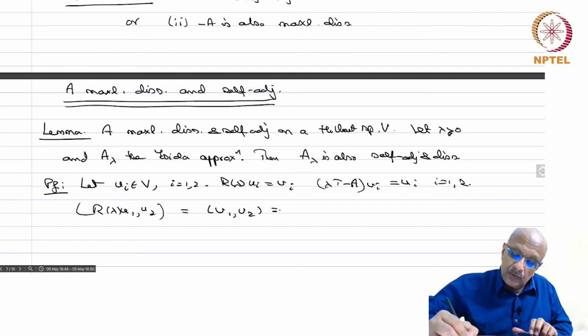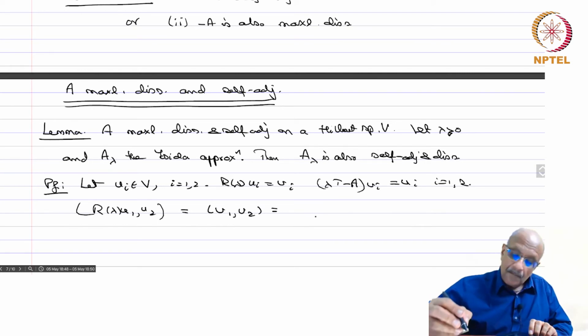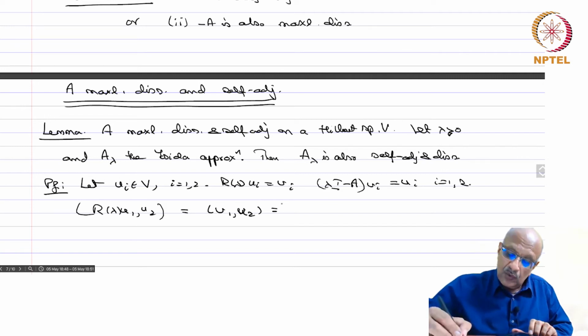Which is equal to V1, U2, but U2 is what? Lambda I minus A V2. Okay, so this is V1 into lambda V2 minus A V2.